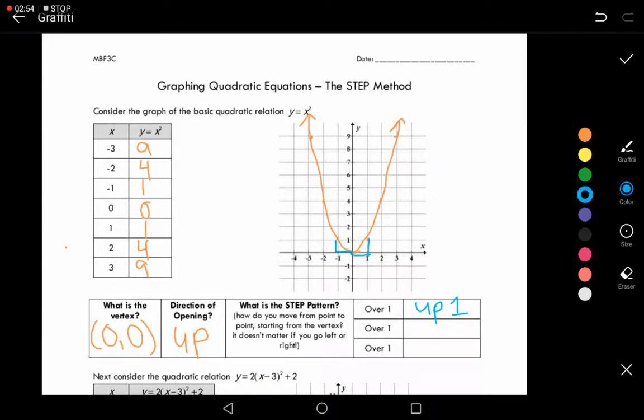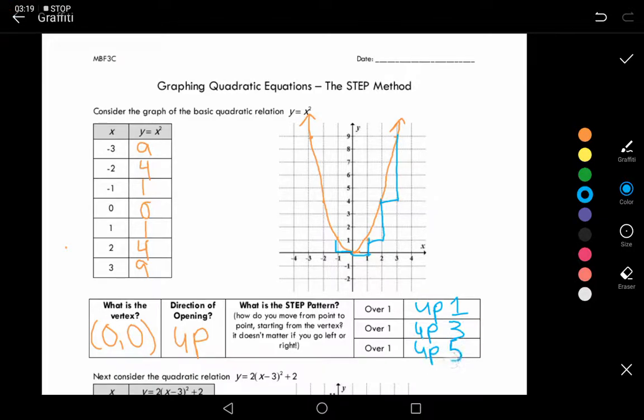Okay, so now it's asking us, we've gone to the first point from the vertex. How do we get to the next one? Well, again, we're going to go over 1. This time we're going up 1, 2, 3. So we're going over 1, up 3. But how do I get to my next point? Well, again, I'm going to go over 1. This time I'm going to go up 5.